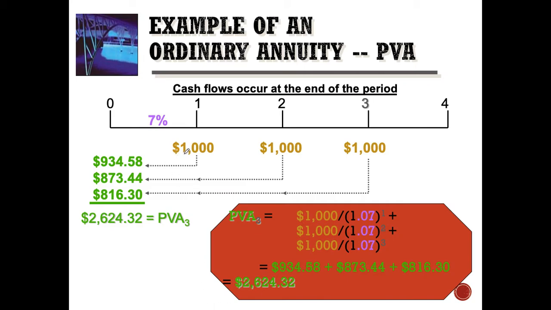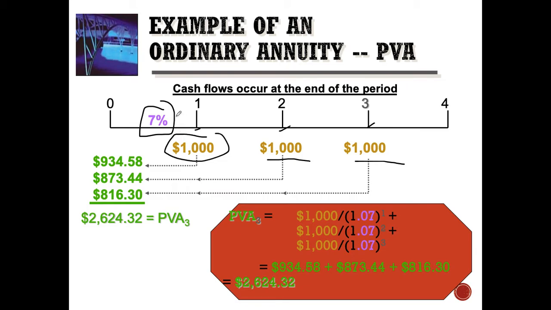The periodic cash flow is actually the same example. Interest rate is 7% and periodic cash flow is $1,000. The payment occurs at the end of period 1, period 2, and period 3.